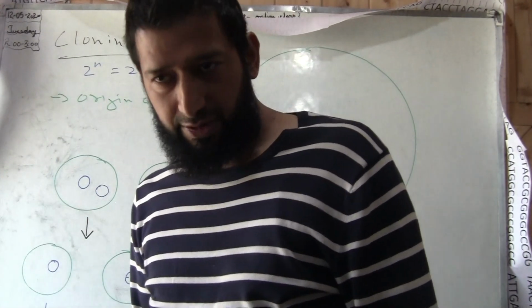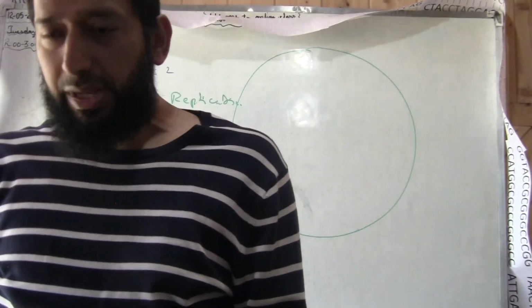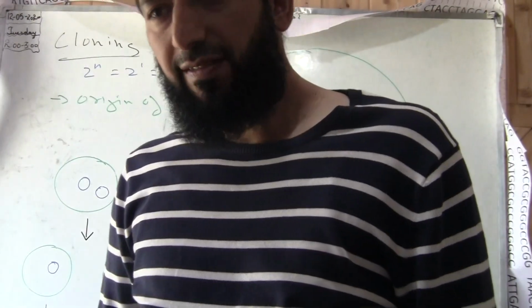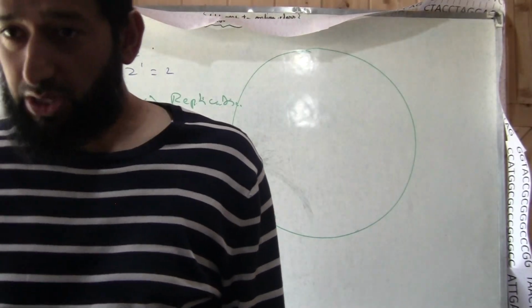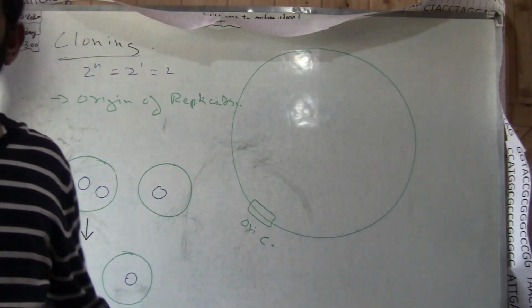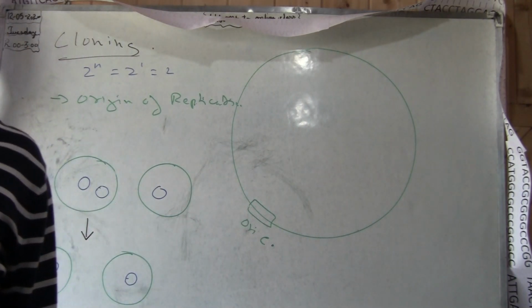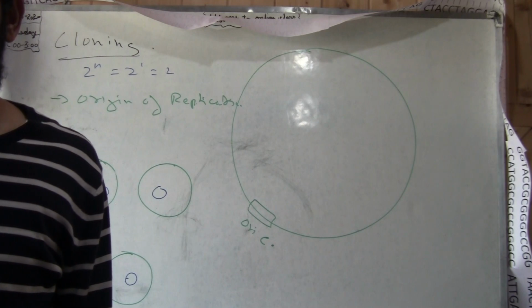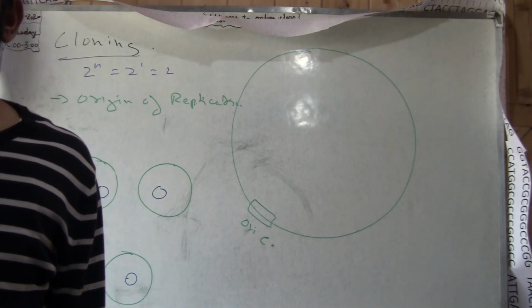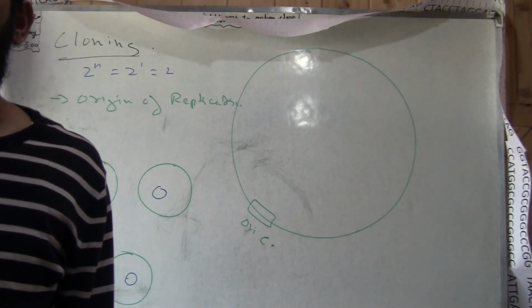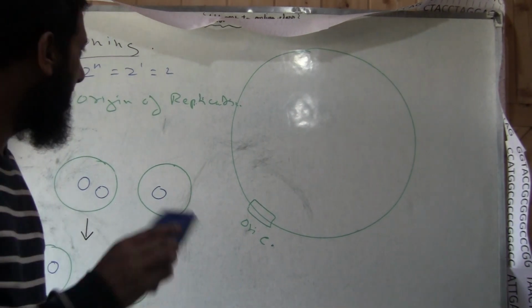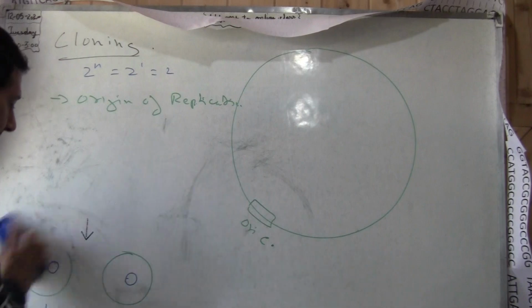After n cycles, if you have millions of bacteria produced from one bacterial cell, each and every cell will have a plasmid because of this origin of replication. So origin of replication is an important attribute of a plasmid. If a plasmid does not have it, it is not dispensable, so you'll lose it.